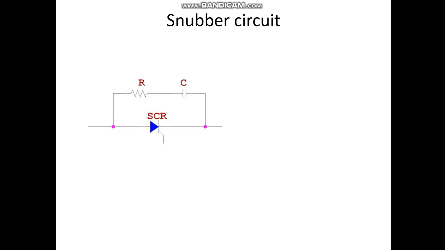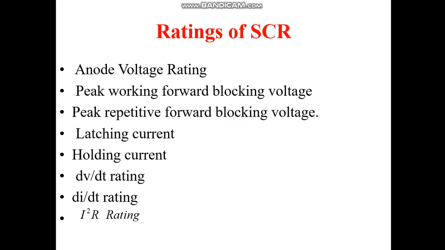Next, the di by dt rating. Di is the rate of change of current, dt is the change in time. If the rate of change of anode current with respect to time is very high compared to the spreading of charge carriers, that may damage the SCR.